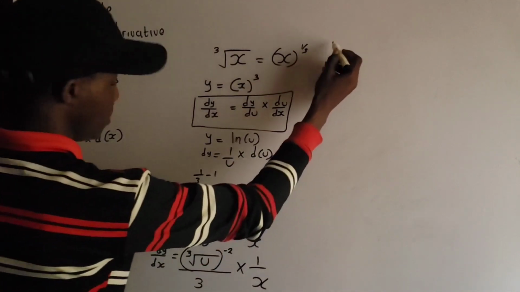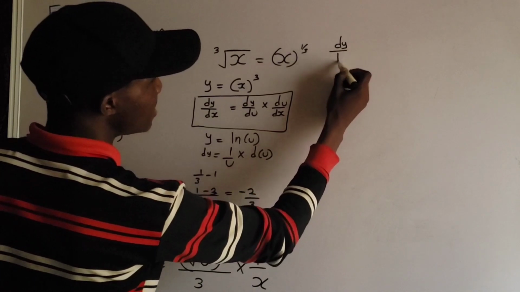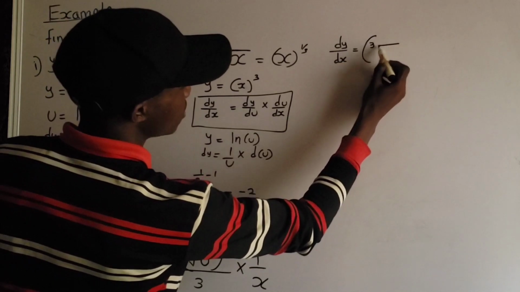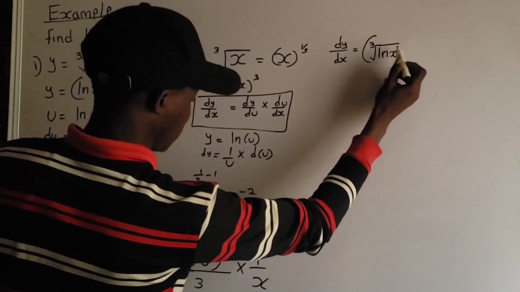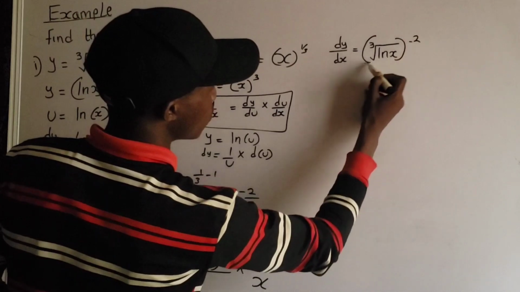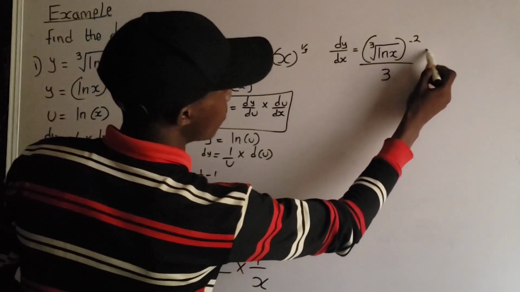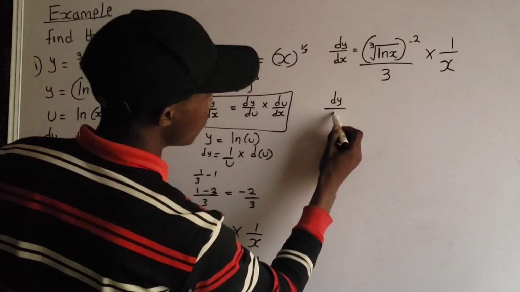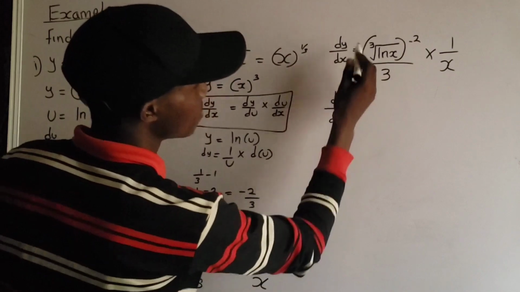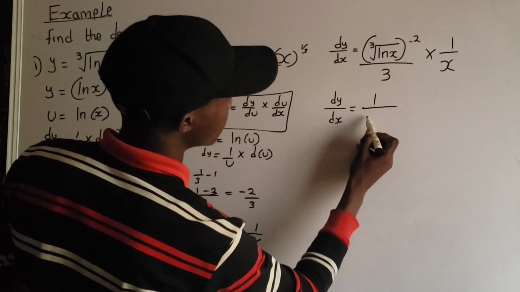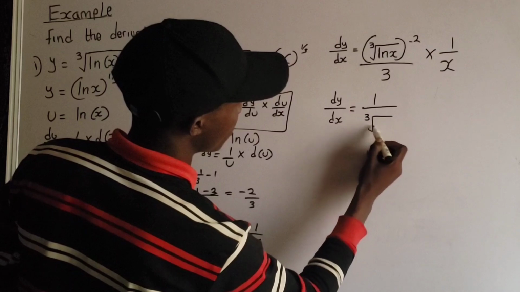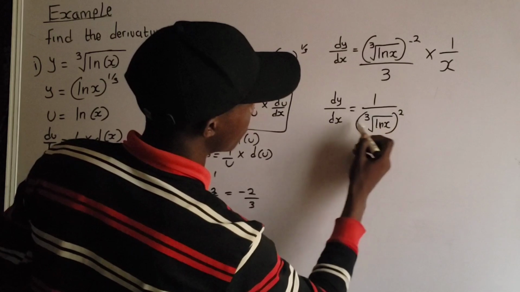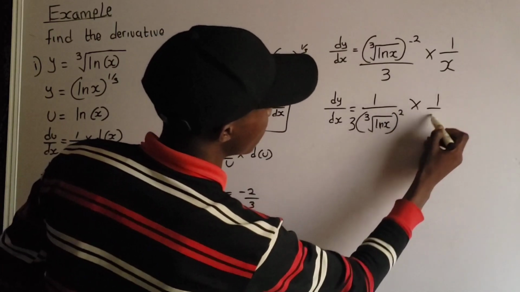So dy over dx is equal to 1 over 3 times the cube root of ln x raised to the power of 2, multiplied by 1 over x.